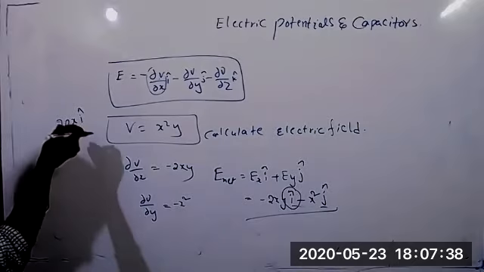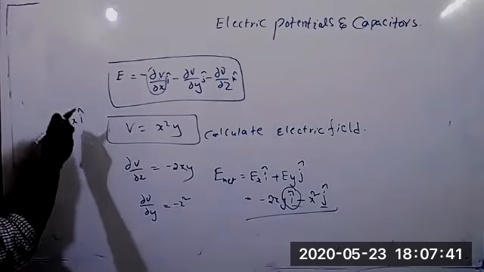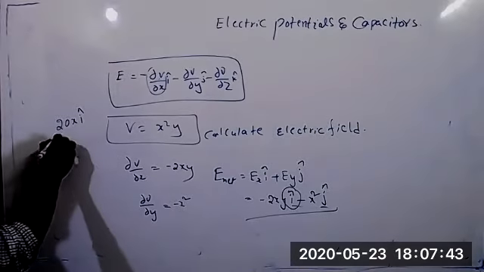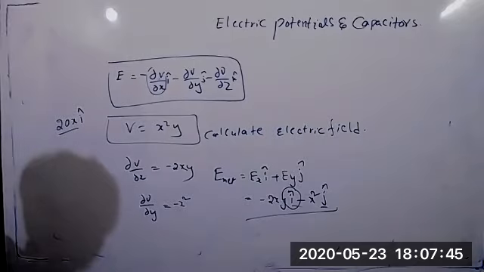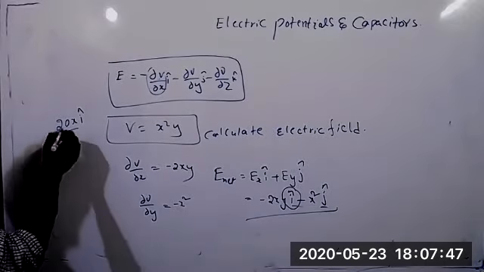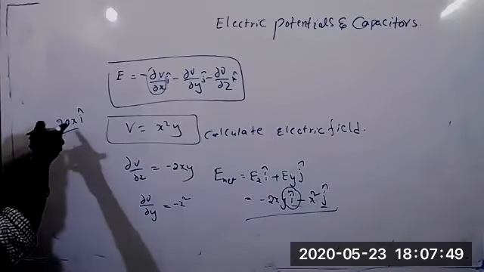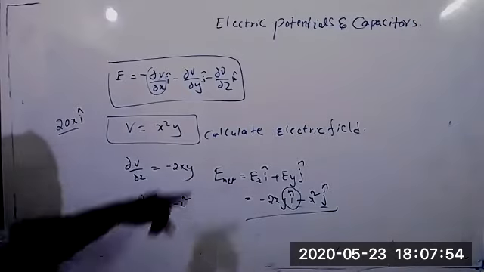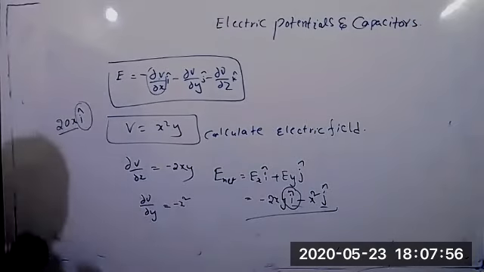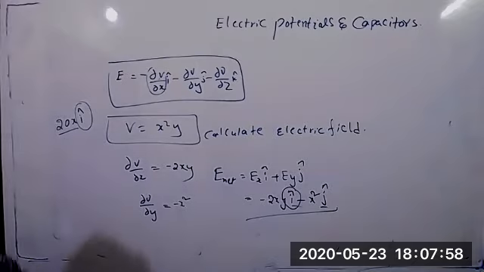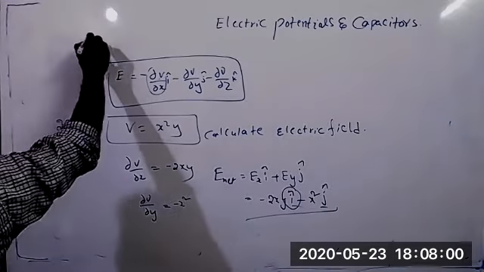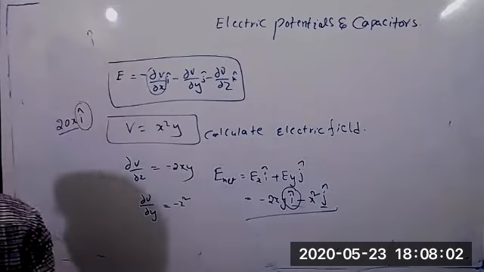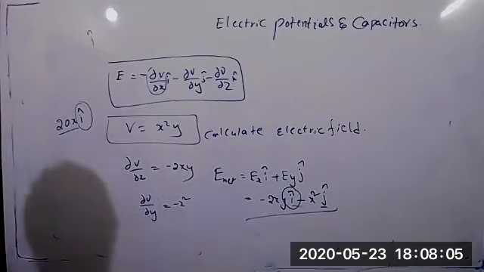When I multiply a scalar with a unit vector, its magnitude doesn't change, but it gets a direction. Which direction is this 20x? Along the x direction, because i cap is the x unit vector. One of the questions: i cap is always the horizontal direction. Am I correct?